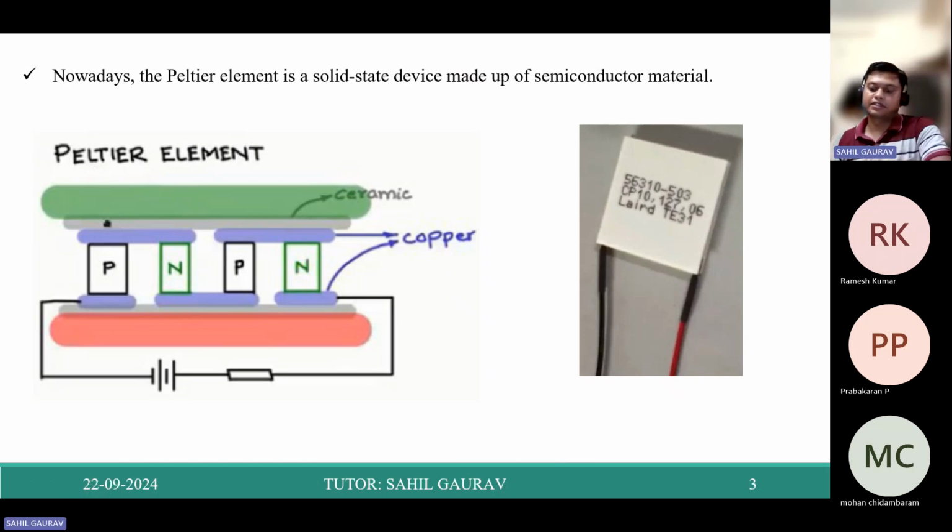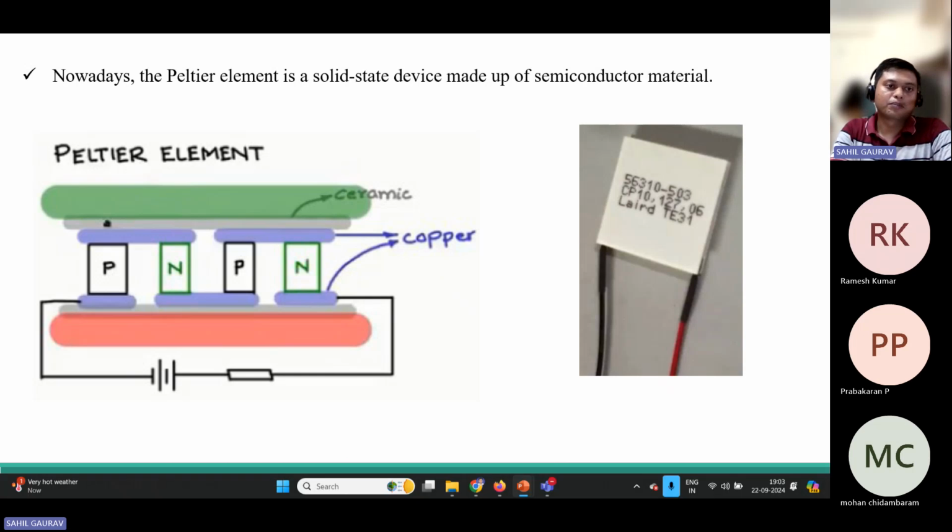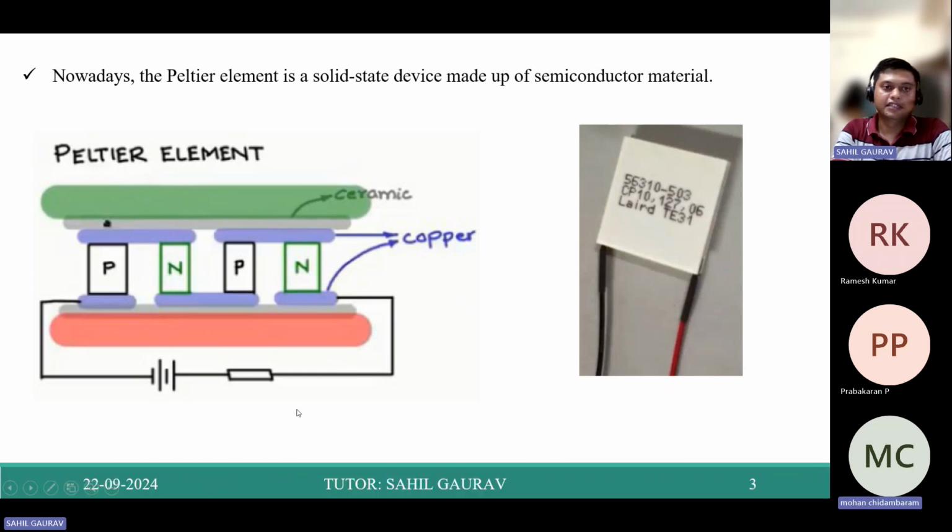Nowadays, the Peltier element is a solid device made of semiconductor material. It is a series connection of P and N type semiconductors, and this is the industry-based Peltier device.